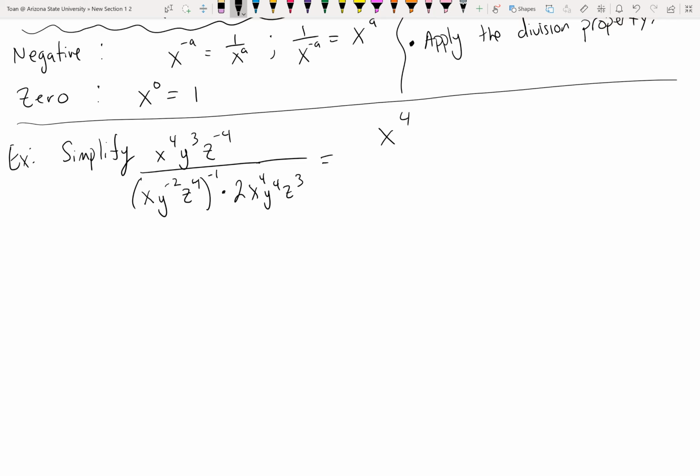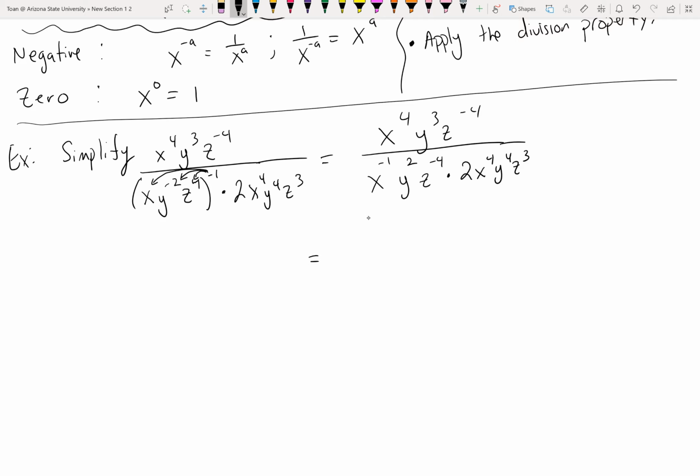I didn't do anything with the numerator, so copy it down, over, and then if we distribute the exponent negative 1, the exponent of negative 1 to the x gives the x a negative 1 exponent. A negative 1 times a negative 2 becomes a positive 2, and a negative 1 times 4 becomes a negative 4. We did not do anything with this guy, so just copy him down. Times 2x to the 4, y to the 4, z cubed.